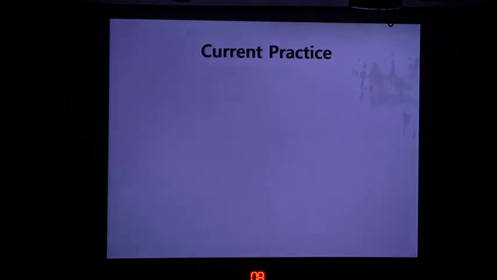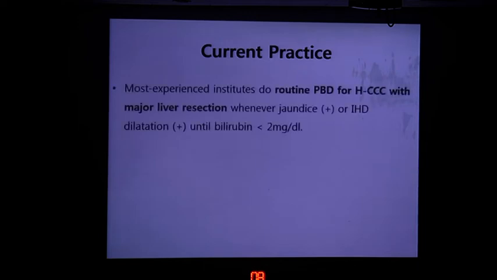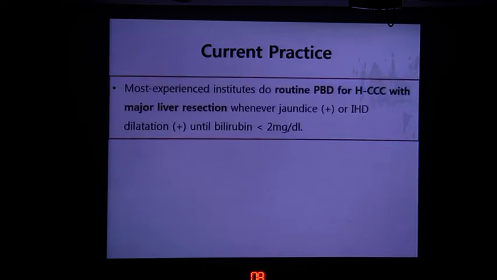However, the situation is different. Most institutes do routine PBD whenever jaundice is positive or the duct is dilated, until bilirubin is a little bit less than 2 or 3 milligrams. But this does not have any strong evidence.